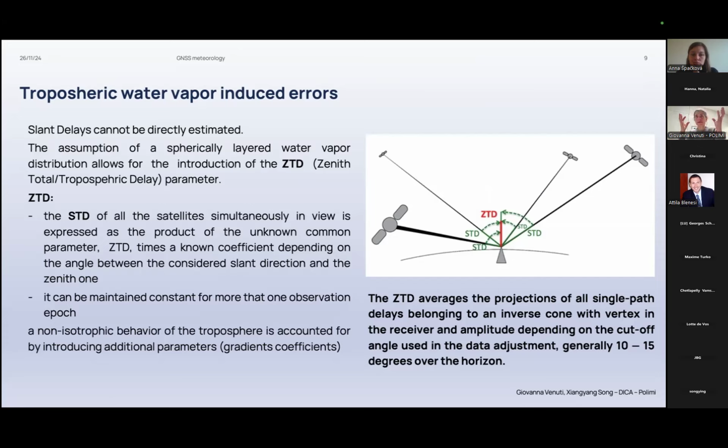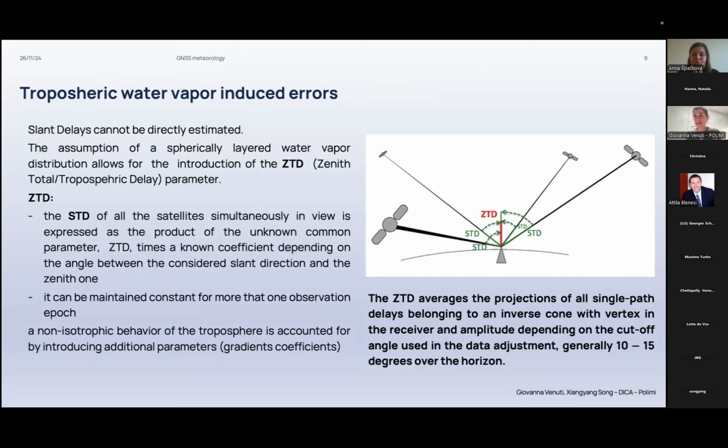So imagine that in a certain epoch, you can track a number of satellites, 10, 15 satellites, if you exploit different constellations, for instance. You can write a system of n equations, as many as the number of satellites that you are simultaneously looking at. And in these equations, you solve for some parameters that correct some errors. You solve for the position of the receiver, which is 3 unknowns, and for this common zenith total delay.